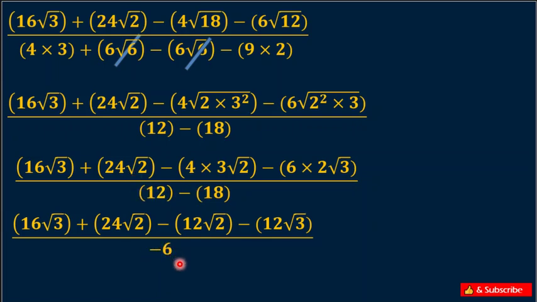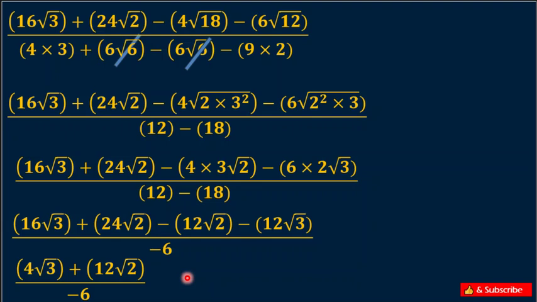From here, we can see that we have some like terms. We have root 3 here and root 3 here. So these two can be added together, then these two can also be added together. 16 minus 12 gives us 4 root 3. Then 24 root 2 minus 12 root 2 gives us 12 root 2 all over negative 6.